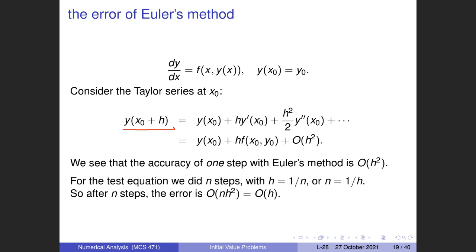So this, when you discretize this, this is y1. And at the right, you have y0. So that here is our initial condition. So then the error here is actually the term that we neglect in the Taylor series. So it's not what I just underlined, but this big O.